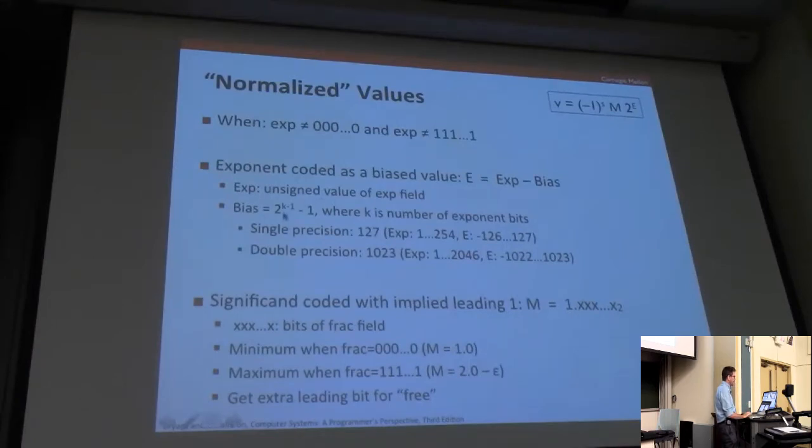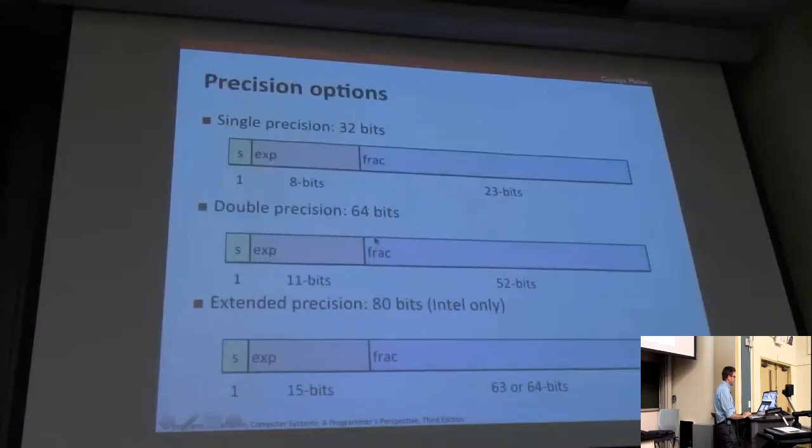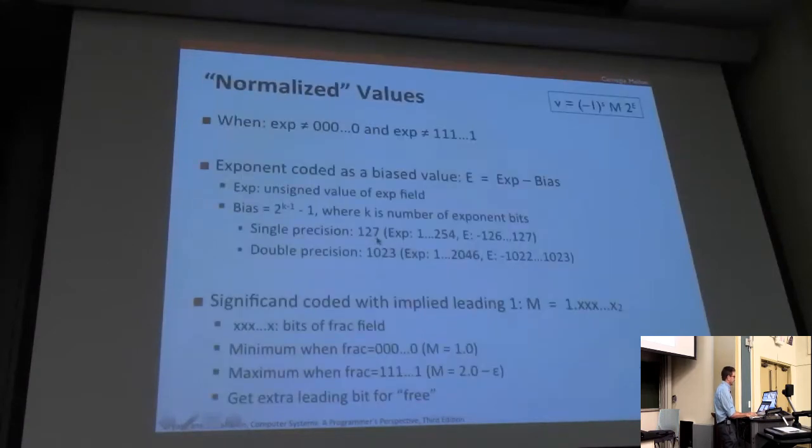Now the bias is 2 to the power k minus 1, minus 1, where k is the number of exponent bits. So for single precision, we have 8 exponent bits. So 2 to the 8 minus 1 is 2 to the 7th, which is 128, minus 1 is 127.